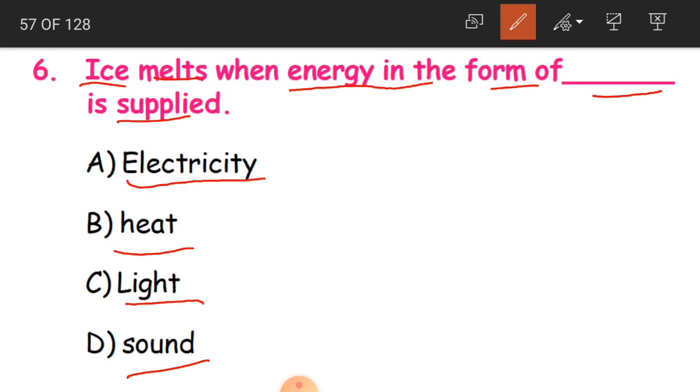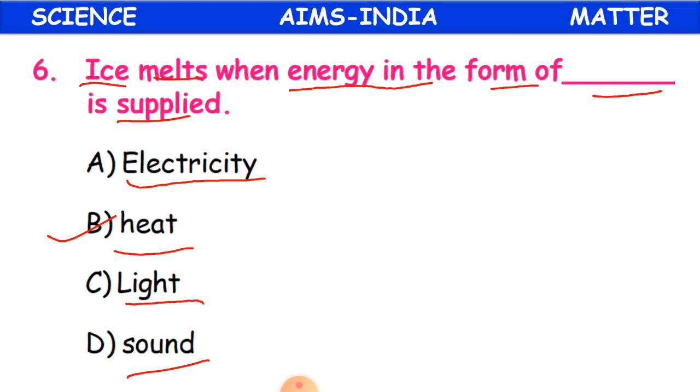Okay, children, so this is in the form of heat. Now when you keep ice in the heat, when it is exposed to the temperature, then ice is going to melt as water. So that is why B is the correct answer.